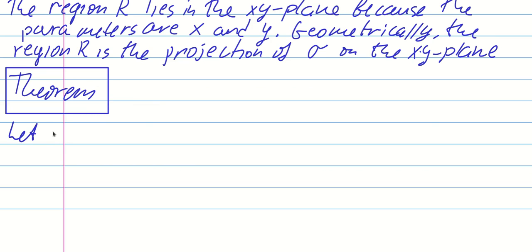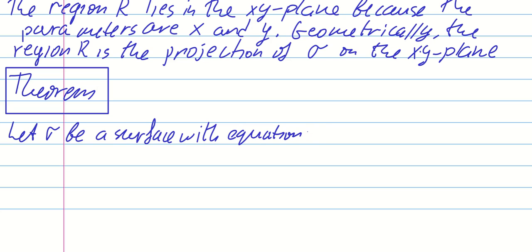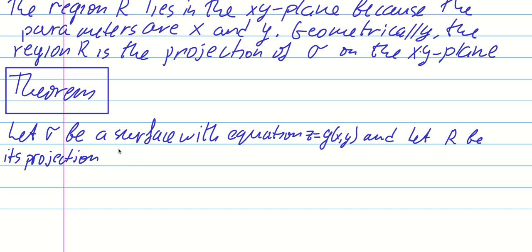Let sigma be a surface with equation z equals g of x y, and let R be its projection on the xy plane.